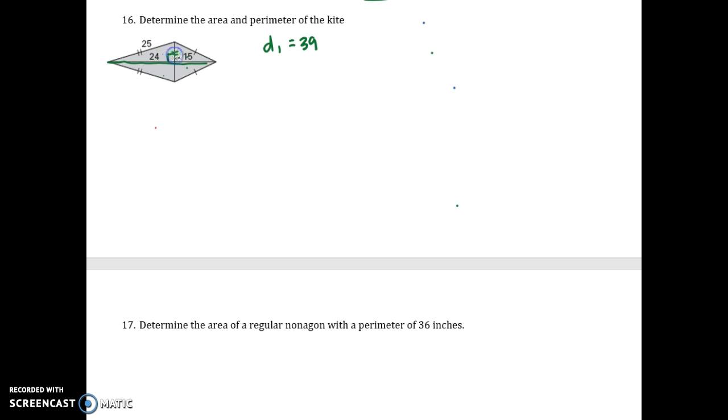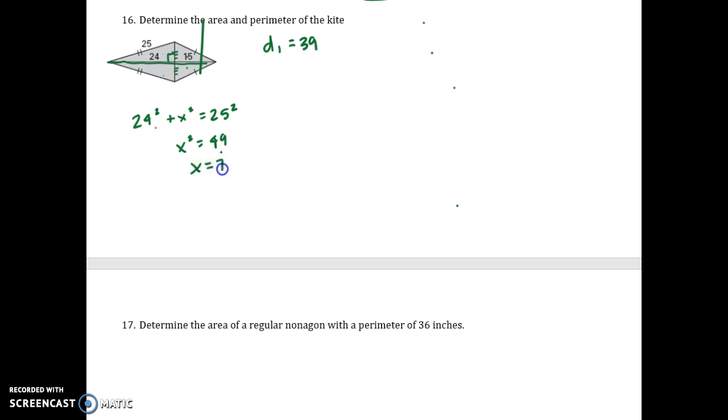In a kite, there's always one segment that's cut in half, and in this case, it's the one we're missing. So let's set up our Pythagorean theorem. 24 squared plus x squared equals 25 squared. And if you're good at your Pythagorean theorem, you know that this is also a Pythagorean triple. You get x squared equals 49.